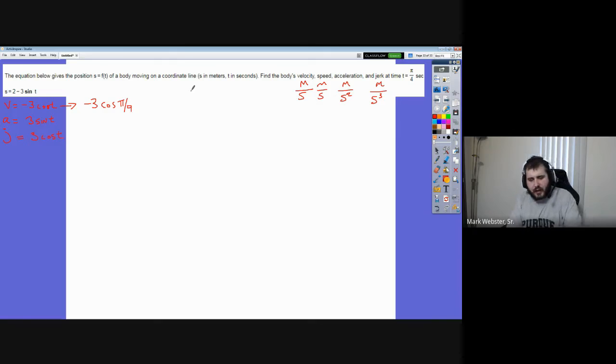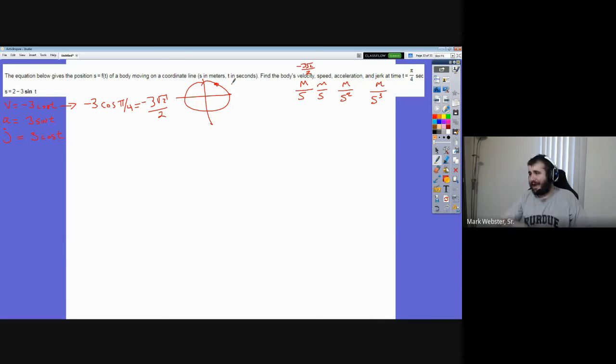Well, what's the cosine of pi over 4? It's radical 2 over 2, right? So this is -3 radical 2 over 2. And that's our velocity, and again we're talking about meters per second, so -3 radical 2 over 2 meters per second.